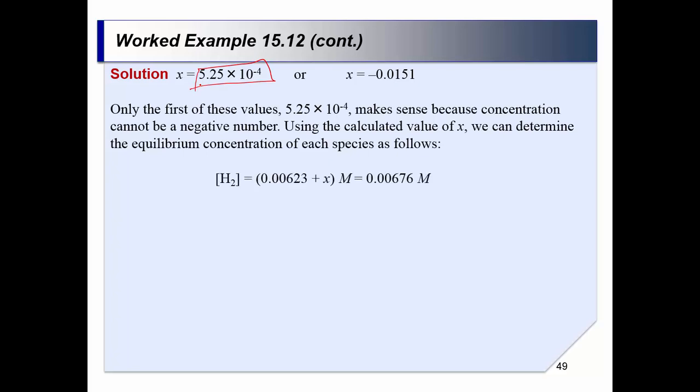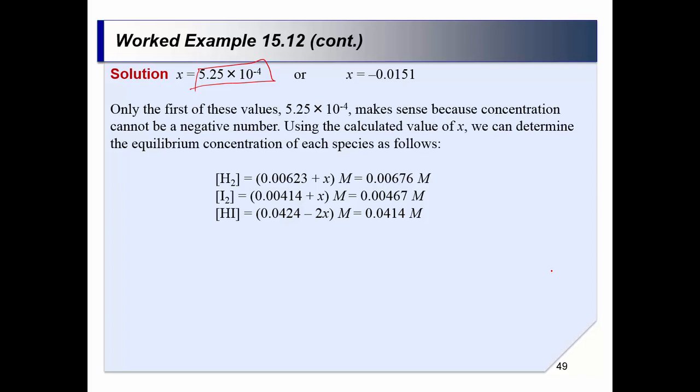So we put it back into our equilibrium expression. We have our initial concentration of 0.00625, and we're going to add our 5.25 times 10 to the negative 4, so we have an equilibrium value of 0.00676 molar. Now our I2 concentration at equilibrium will be different because we started with a different value.